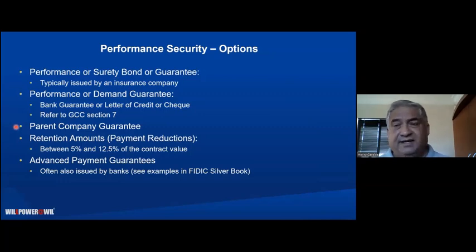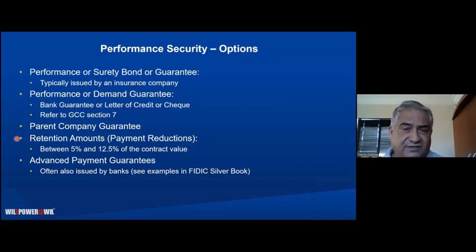There could also be a big company, where the parent company could give a parent company guarantee to the subsidiary, right? So that could be another type of guarantee. So those are the different types of guarantees. But there's also another form of performance security which relates to retention money, and this is used in the CIDB, the construction environment.